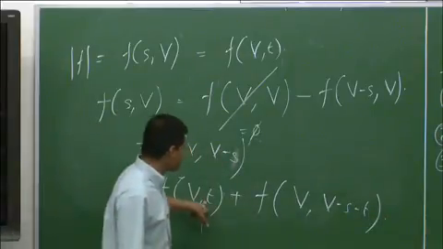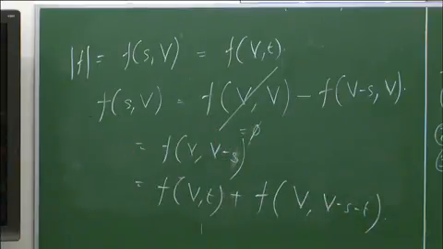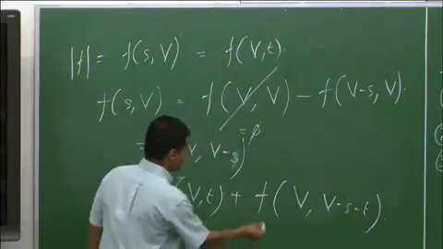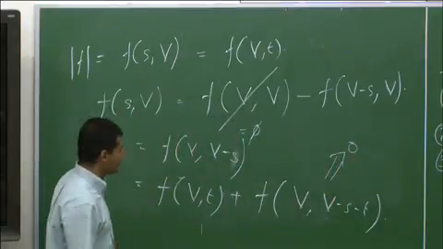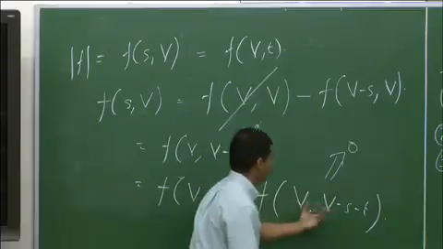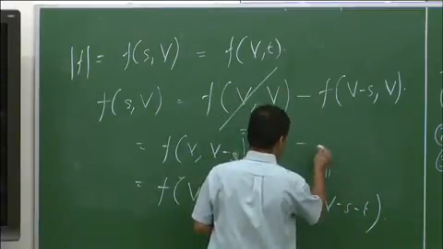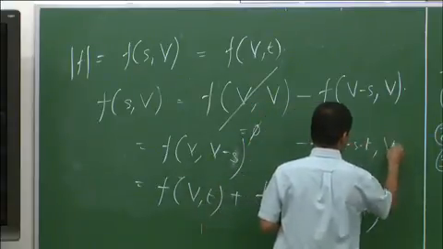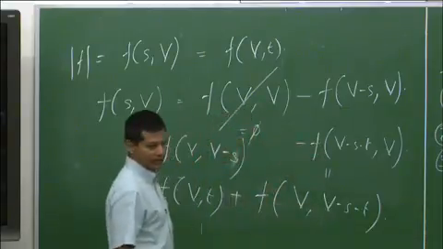Okay, I take the singleton out, and so that is the remaining. This is that. So, I need to simply show that this is equal to 0. And the way I show that is I essentially flip this over. This is minus of f v minus s minus t v. Okay, I've just flipped these and put a minus sign in.